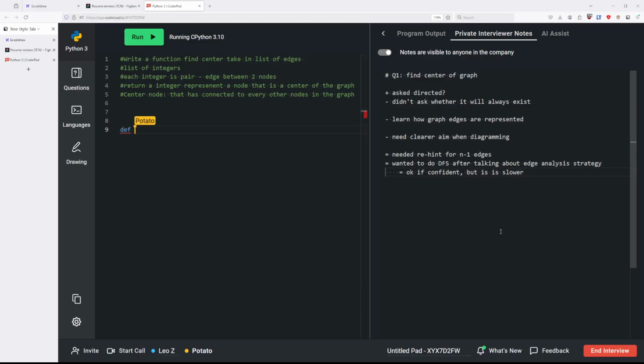Maybe we can have a function called find center node.